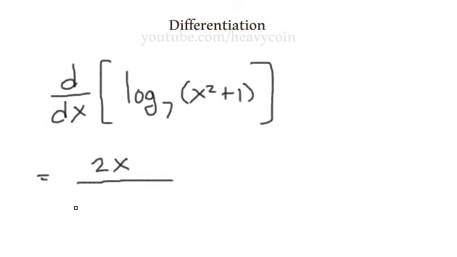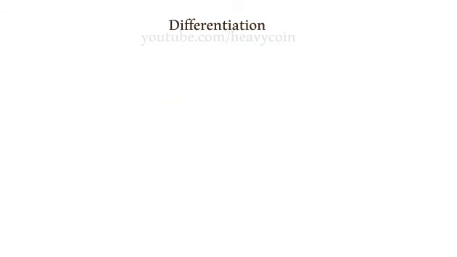And then we're going to just rewrite times, and then natural log of 7. Natural log of 7. Good enough.